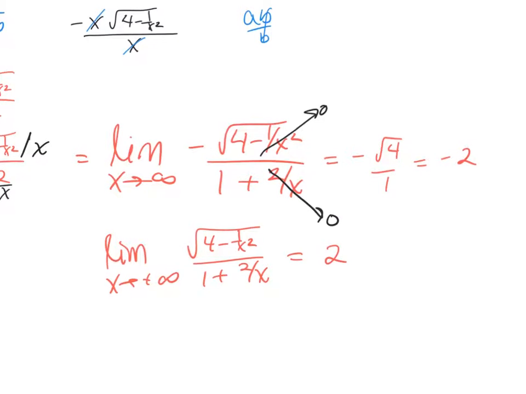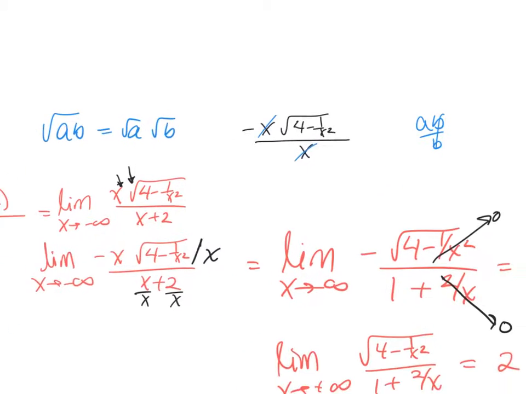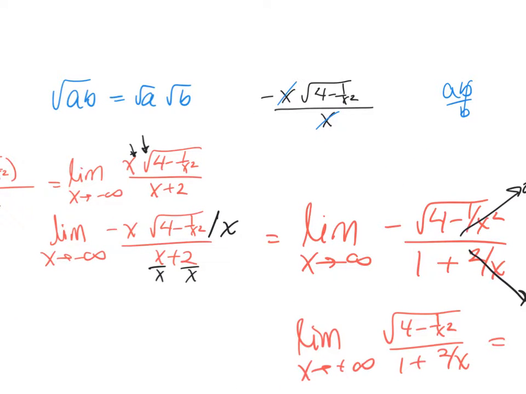Okay? So up here, I'm just going to backtrack. She asked what happened to the x in front of the square root. On this step, let me do it in a different color. On this step, I am dividing every term by x, numerator and denominator. And in the numerator, I just have one term. It looks like it's a bunch of stuff, but it is one term.